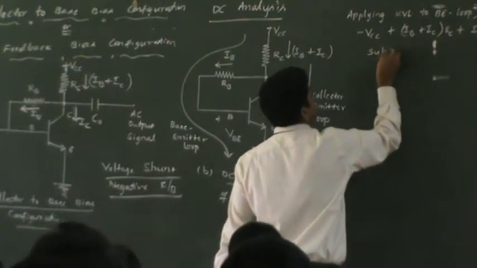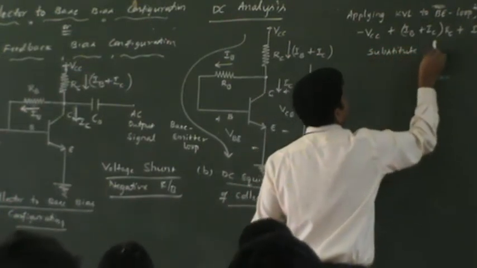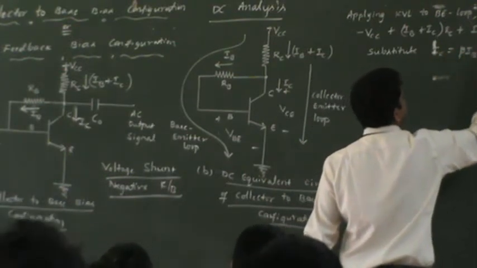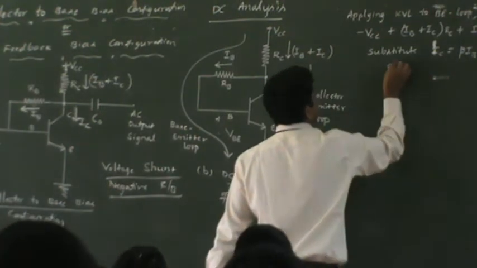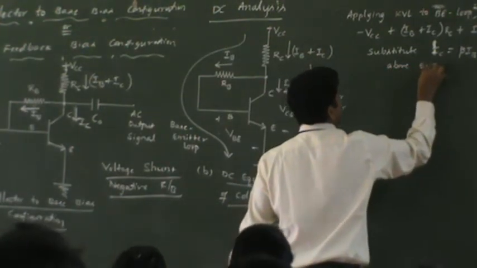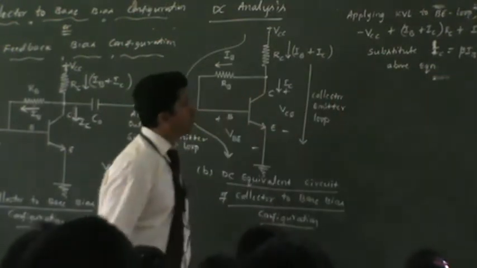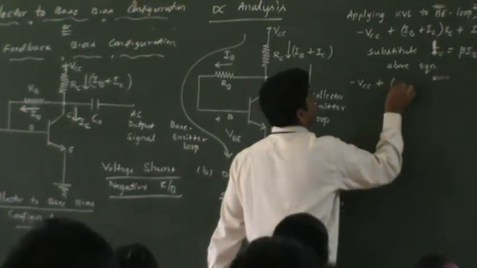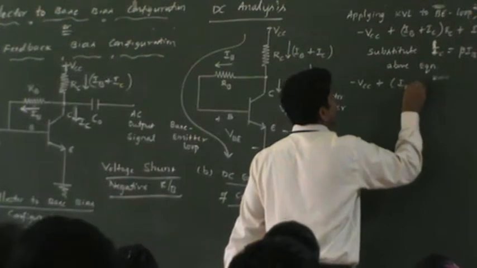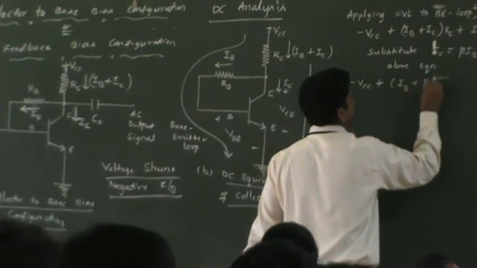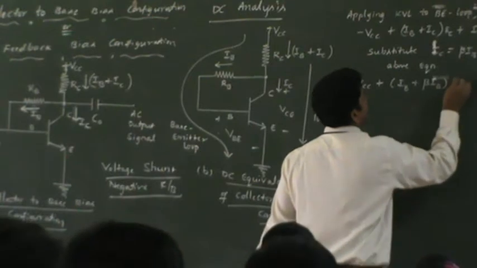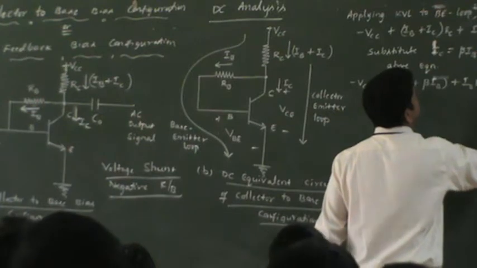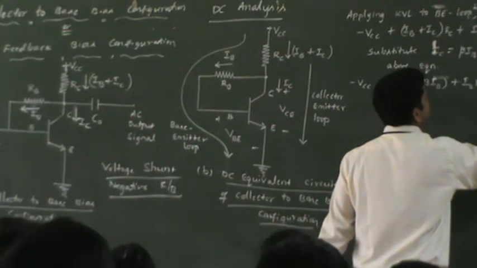Substituting IC equal to beta IB in the above equation, what we get is minus VCC plus (IB plus beta times IB) times RC, plus IB times RB, plus VBE, which is equal to zero.